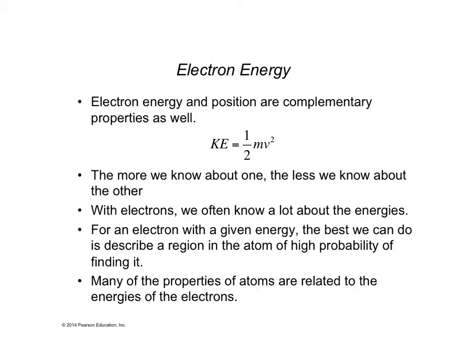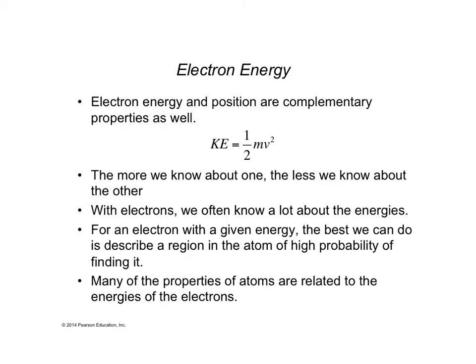Okay, so unfortunately, the trade-off in all of this is that energy is essentially related to velocity, which is part of the wave-like nature of the electron. And we know lots and lots about energies of electrons, and so that means that we can't know very much about the position of the electron.